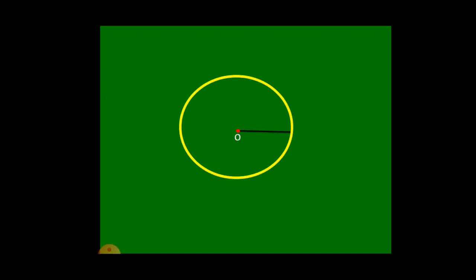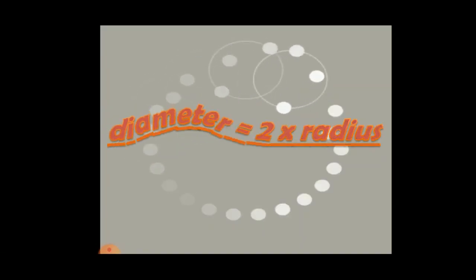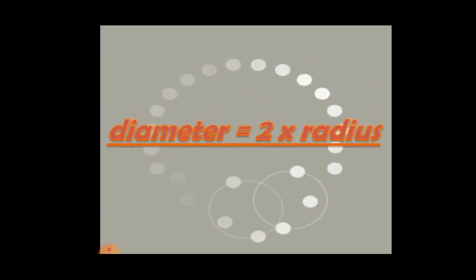As the length is the same, what if I flip it to the other side too? What we get is a line segment passing through the center of the circle. This is the diameter. As you can clearly see, the diameter is twice the radius.